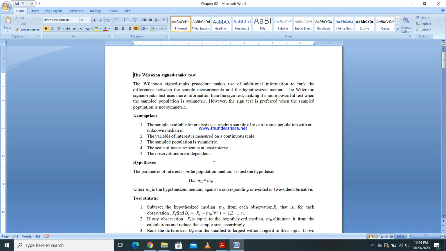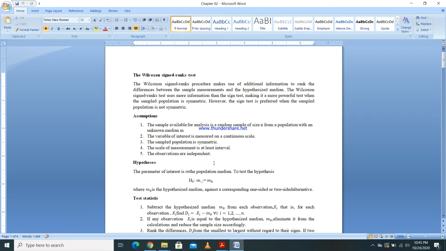If you remember what we did in the one sample sign test, we basically counted how many positive differences or how many negative differences we had. So we were interested in just the count, and we didn't use any other information.